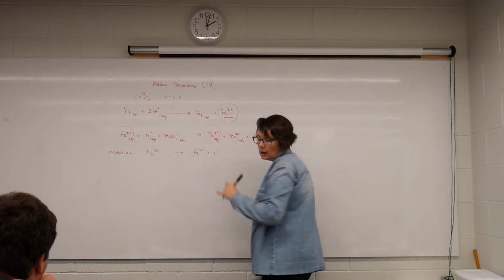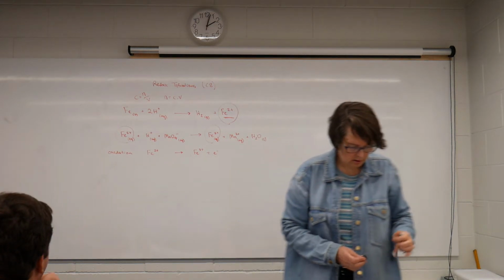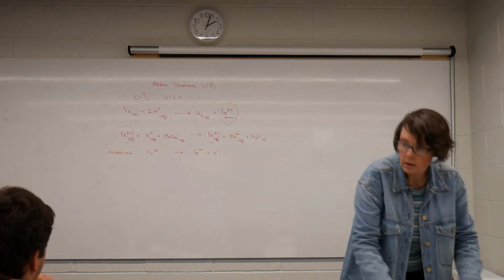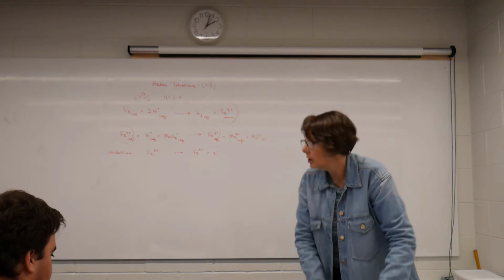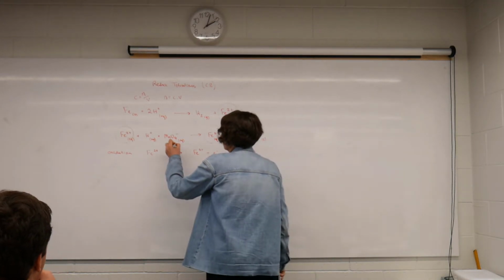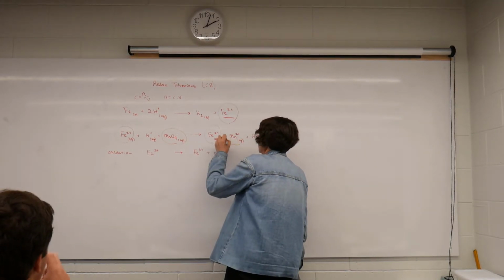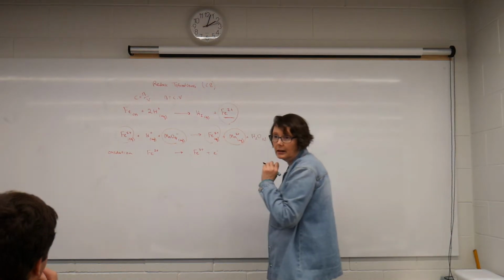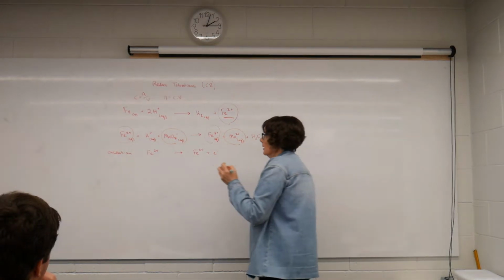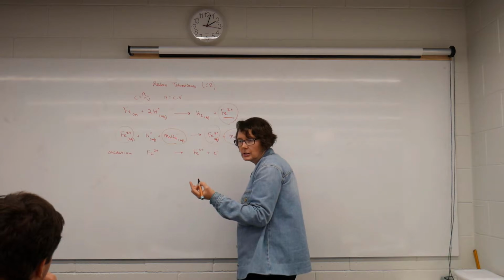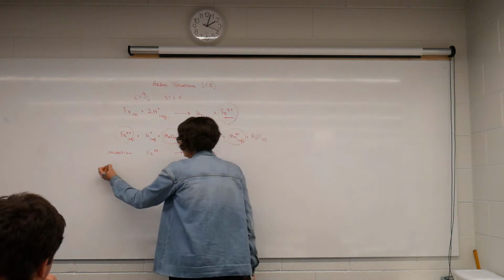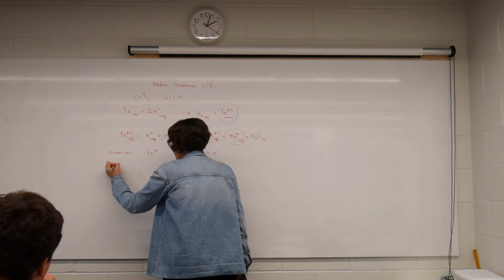Which ones will I be picking out? MnO4 minus, and we need something that's got the manganese in it, don't we? This has to be reduction, doesn't it? Because we've already got oxidation.